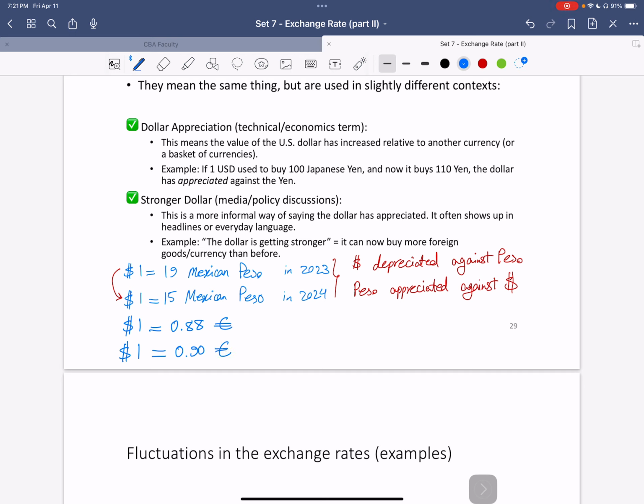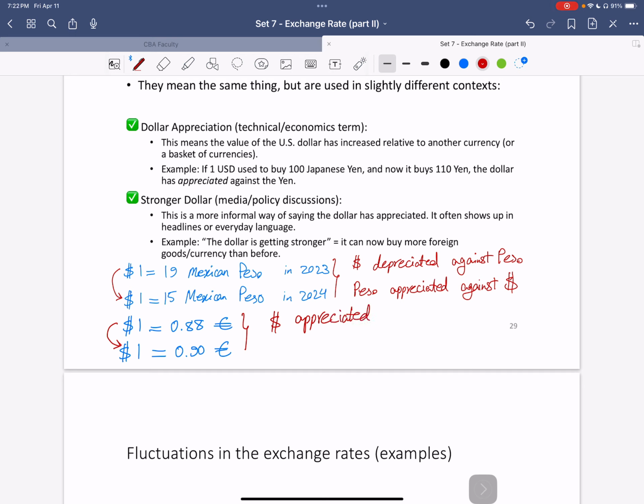Okay, this means that over this time period, going from 0.88 euros to 0.90 euros, we have dollar being appreciated because we can buy more euros with the same $1.